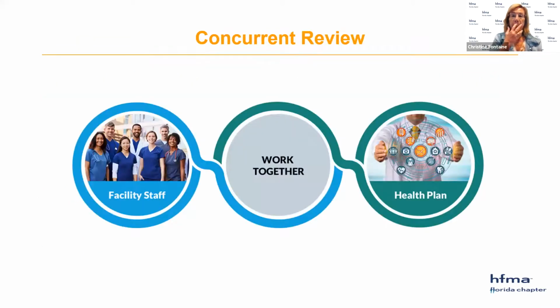Okay. So because of the incentives, we talked about concurrent review and why it was put into play along with utilization management. Concurrent review involves staff from the facility working with the health plan to review the medical justification and obtaining a certification of necessity for the patient's continued stay.